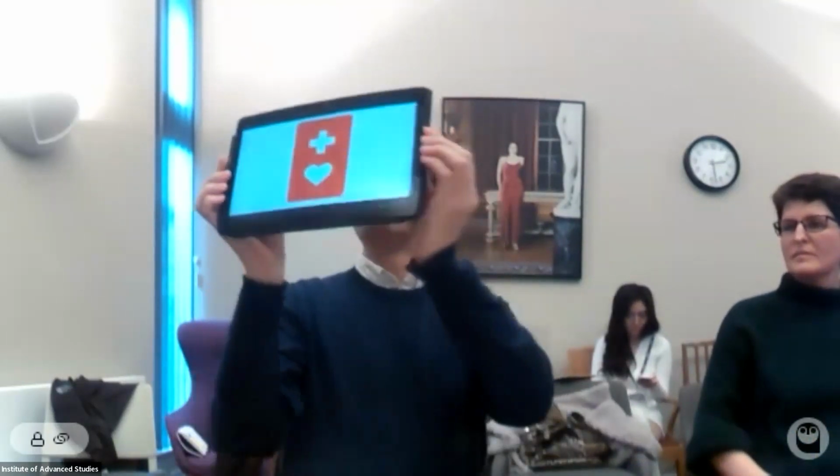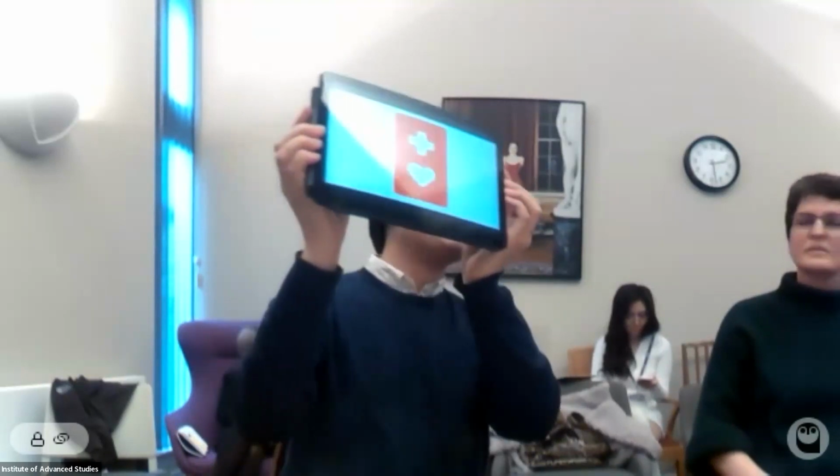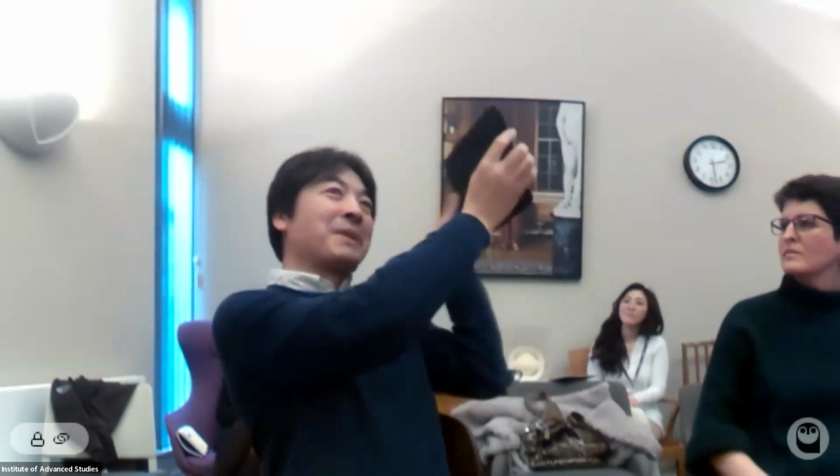But this time I found something quite interesting. I saw quite a lot of this type of badge. And guess what this means? When I was a kid living in Japan, we didn't have this kind of thing.